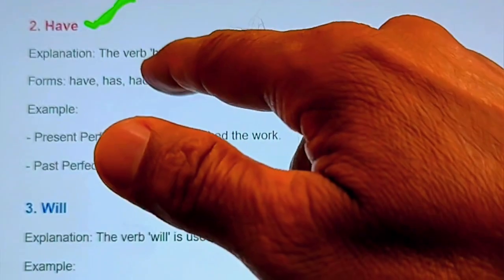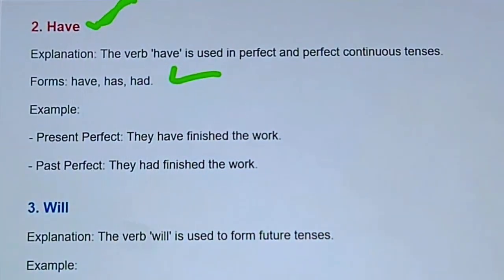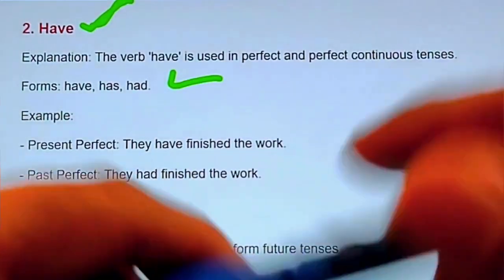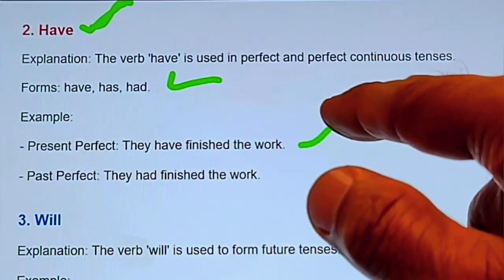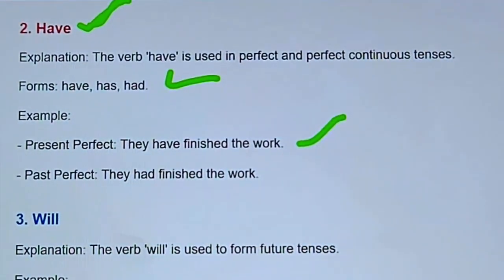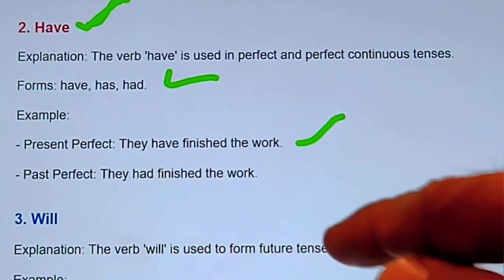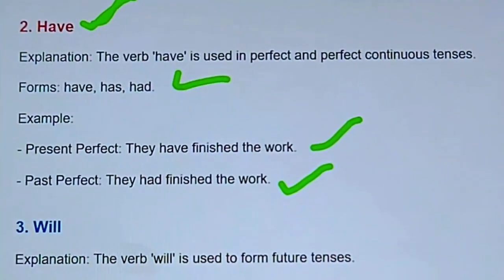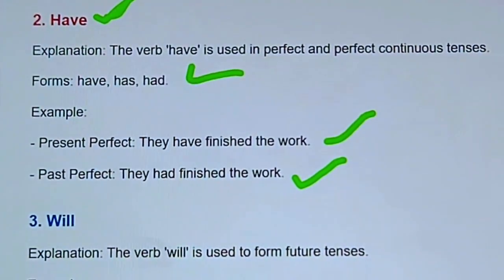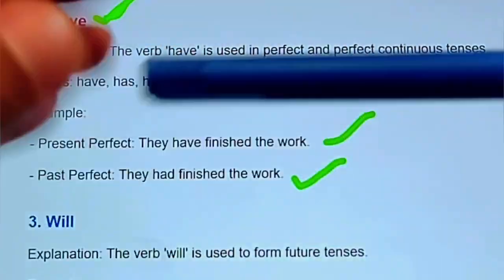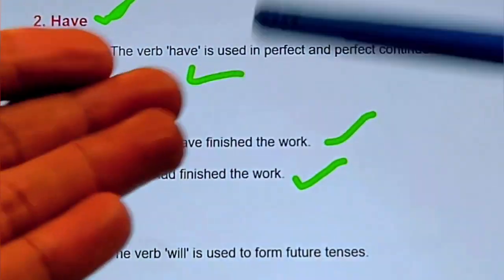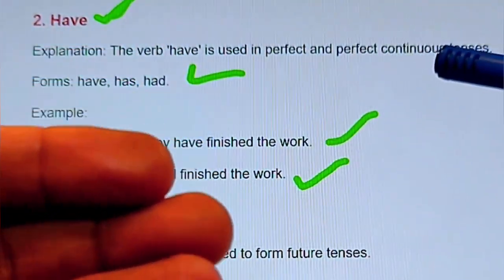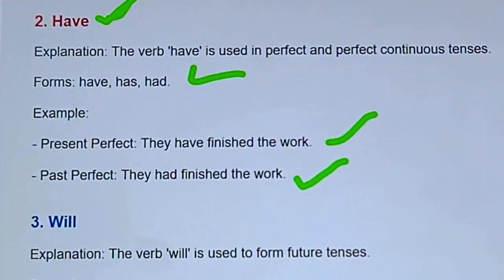An example for present perfect: they have finished the work. And past perfect: they had finished the work. So it's very easy to remember. You can remember the key verb have, and you can find the perfect and perfect continuous tenses very easily.